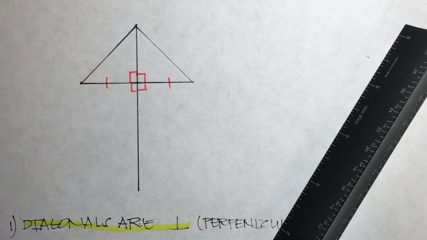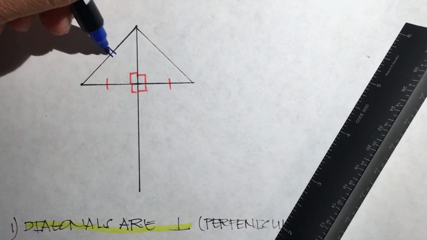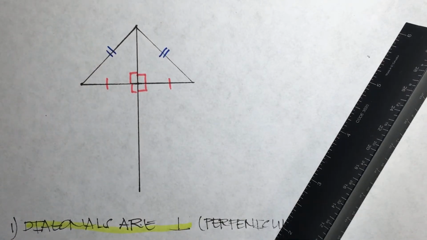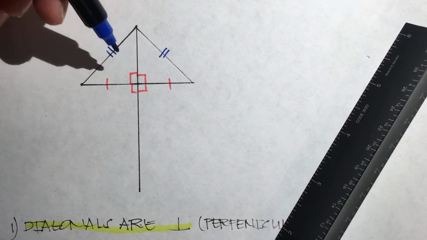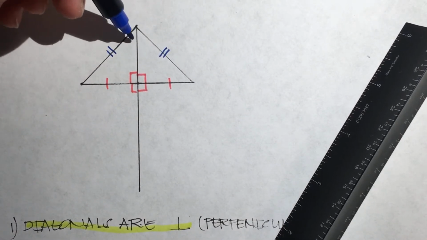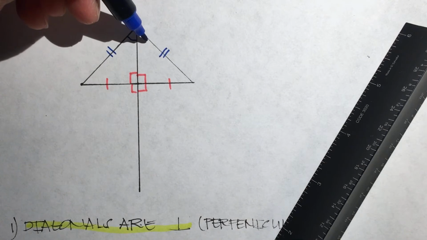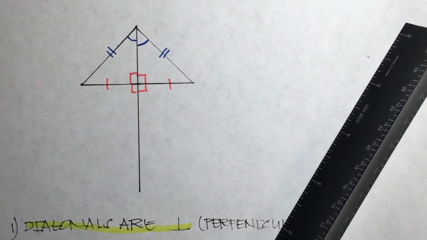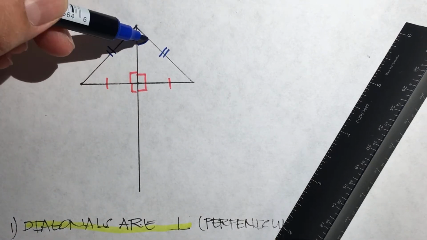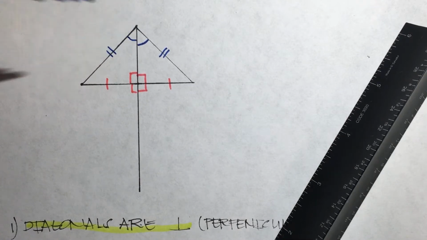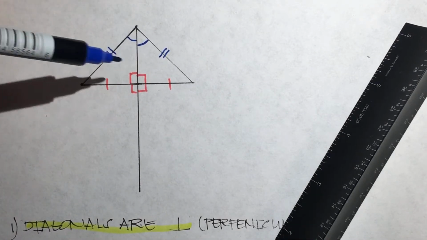Because these two triangles are congruent, let's use blue. This side is congruent to this side, and it's because this triangle is congruent to this triangle. This angle is congruent to this angle right here. So this diagonal really bisects this big angle into two equal halves because these two triangles are congruent.